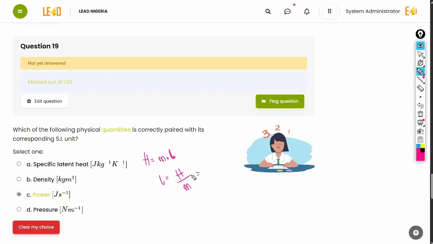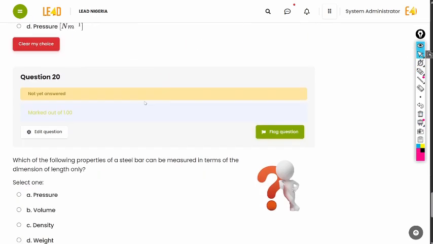But then heat energy is in joules, so the unit is joules per kilogram. So this guy here wouldn't be there. It's just supposed to be these two if it's for latent heat. So the correct option is option C, because the others do not match up with their correct unit. That's for 19.